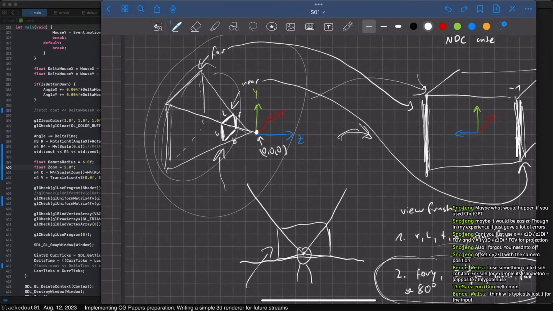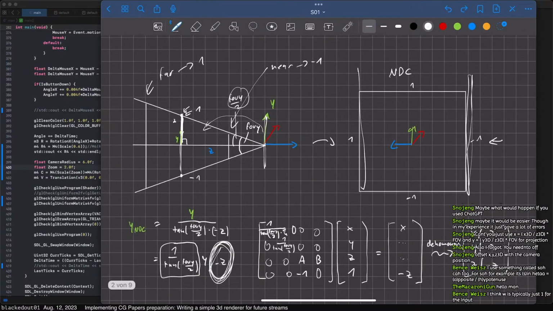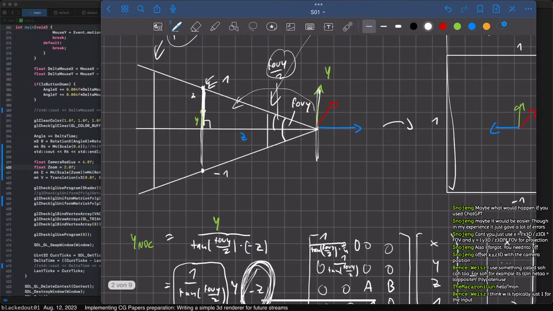Yeah, so far is defined to be a positive value. However, if we look at this in this direction here, from this diagram, we can see that this far here is actually minus far, if we look at the z coordinate.